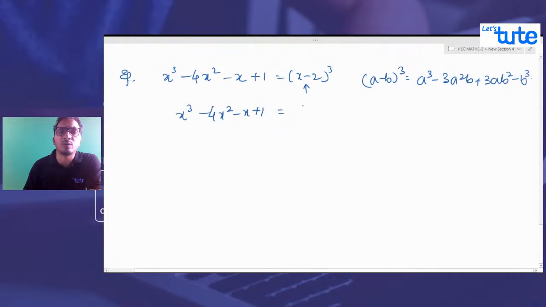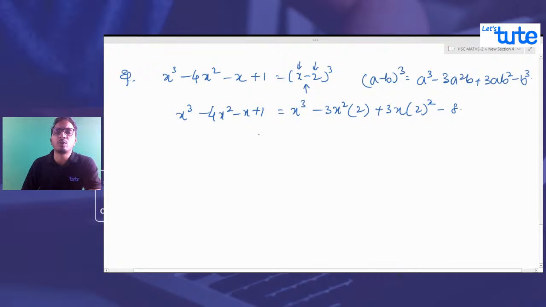So let us apply this. In place of a, we have x, in place of b we have 2. So on applying that, what we are going to get is x cubed minus 3x squared multiplied by 2 plus 3x times 2 squared minus b cubed, that is 2 cubed, it is 8.